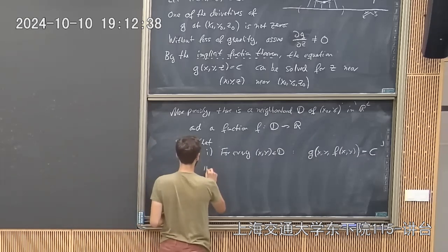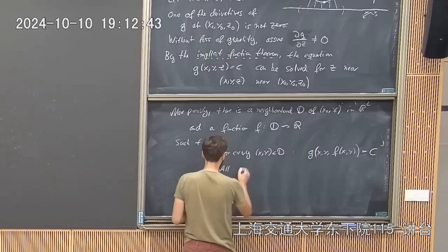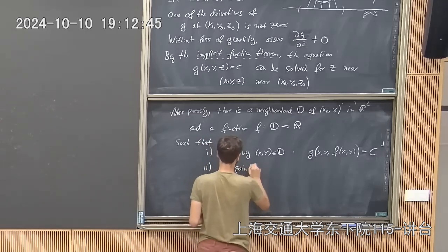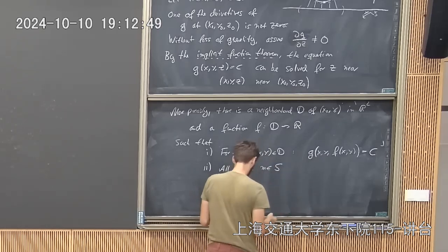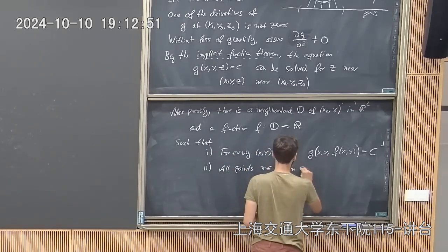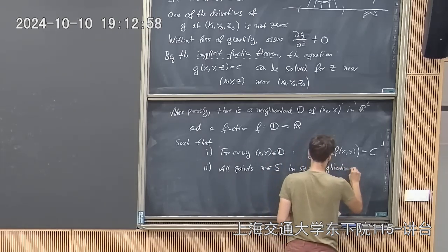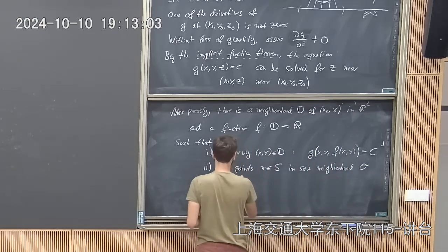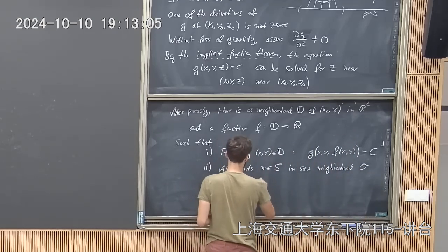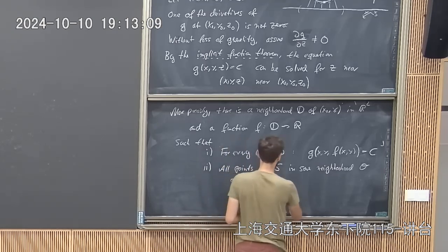And moreover, all points on the surface in some neighborhood O of x0, y0, z0 are of this form.